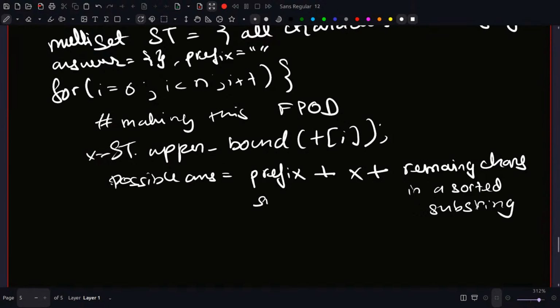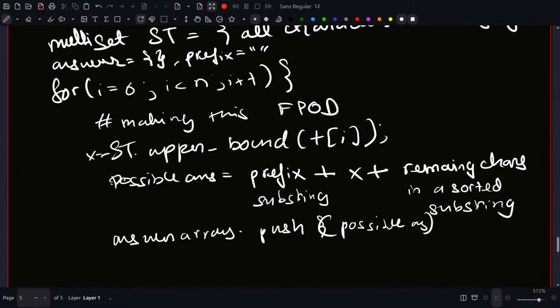So this is the prefix substring plus the point of difference, which is x, plus the remaining characters. This is one possible answer, and we can push this to our answer array, answer array dot push back the string of possible answer.